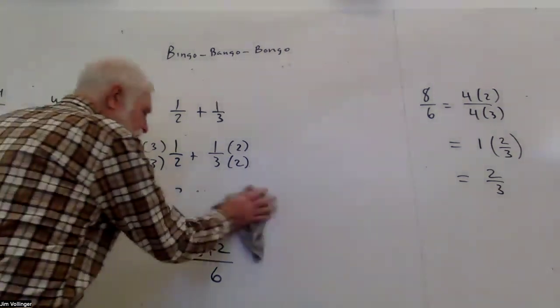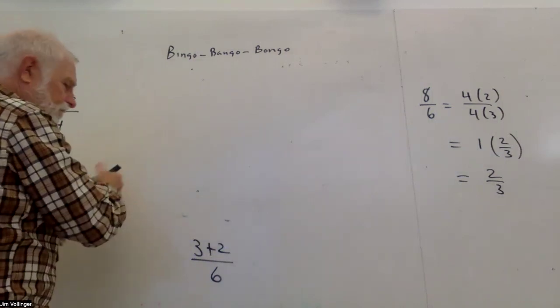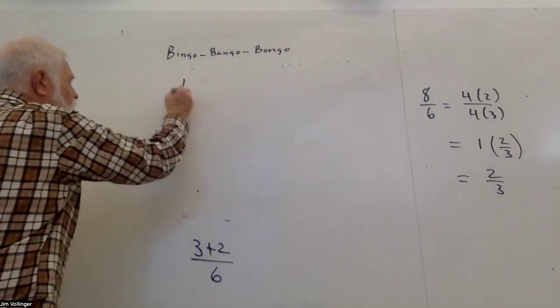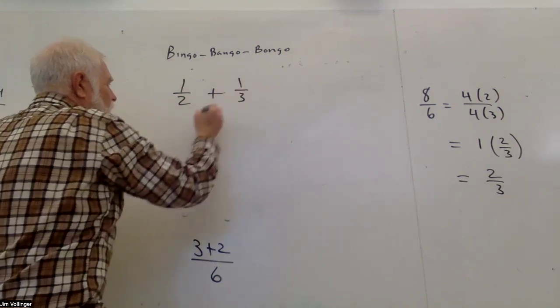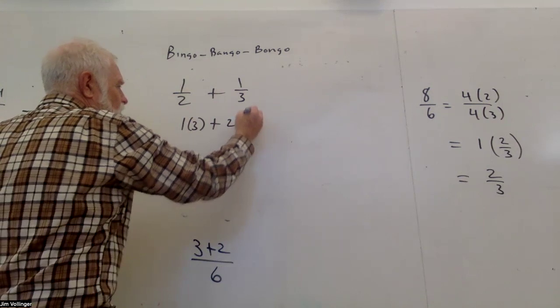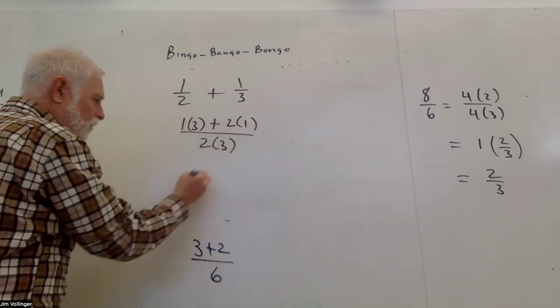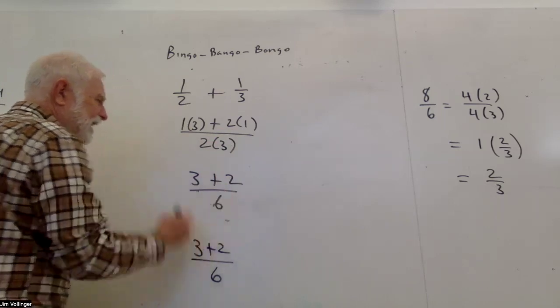All right, let's get rid of the middle work. I erased too much there. I can read it. 1/2 plus 1/3 equals 1 times 3 plus 2 times 1 over 2 times 3. I think that's what 3 plus 2 over 6 came from.